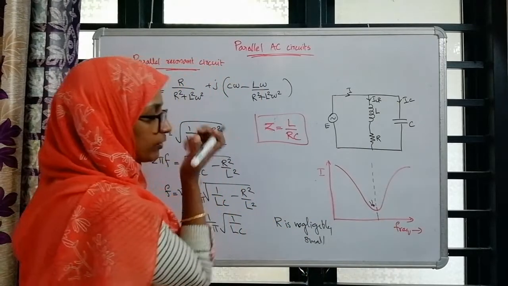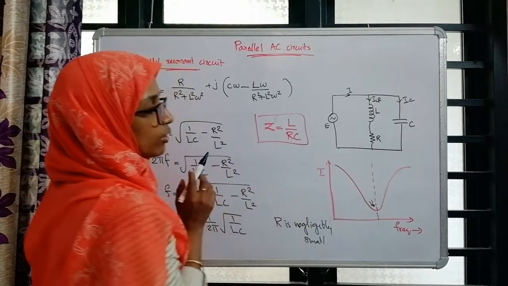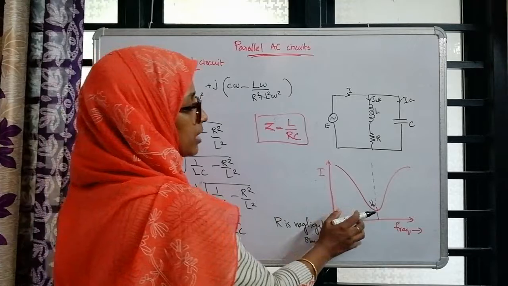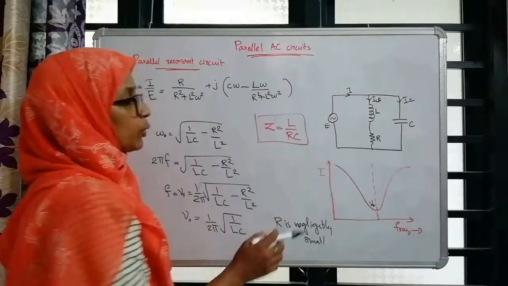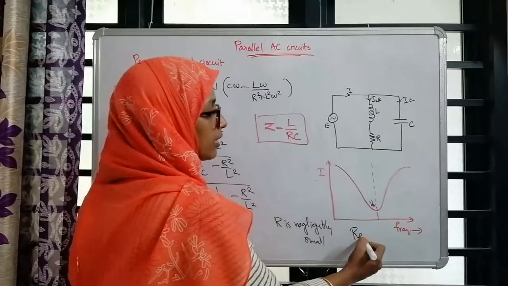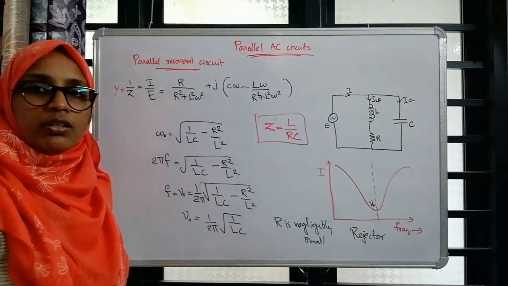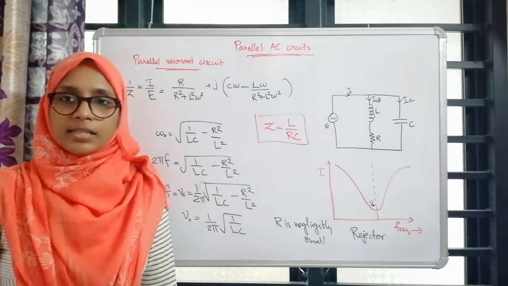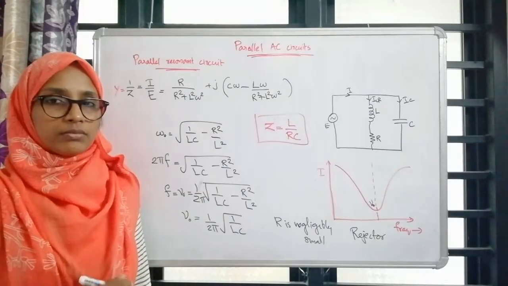When the frequency of this circuit matches that of the natural frequency, the corresponding current will not be passing through this circuit, or that circuit rejects the particular current, and hence the circuit is known as rejector circuit. As we know, the series resonance circuit is an acceptor circuit, the parallel resonance circuit is a rejector circuit.